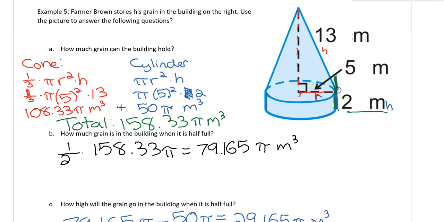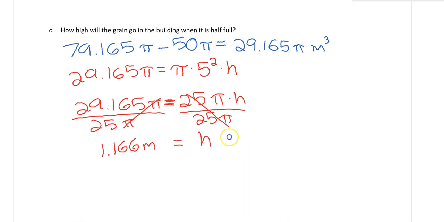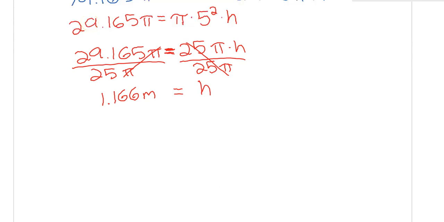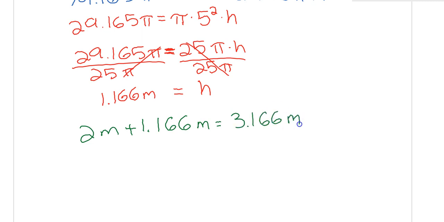And then I'm going to fill up another 1.166 meters. Okay? So how tall in total is my grain going to go? It's going to go 2 meters and then another 1.166 meters. So I'm going to add those 2 numbers together. So my 2 meters plus my 1.166 meters. Alright, when I add these together, I get 3.166 meters tall. Okay.